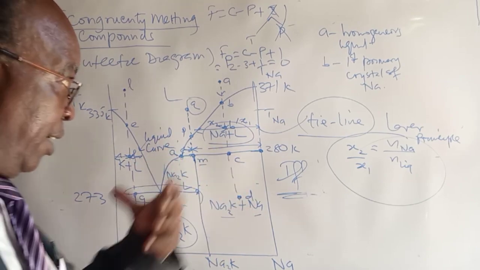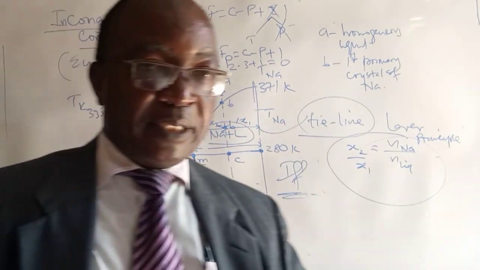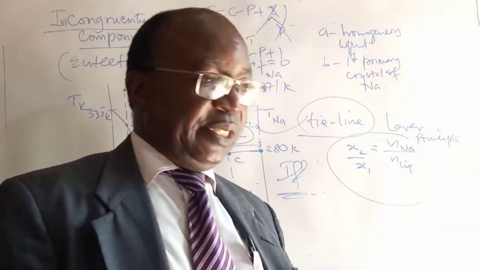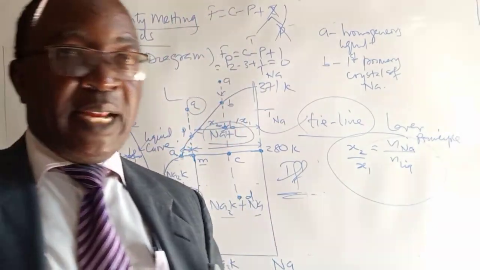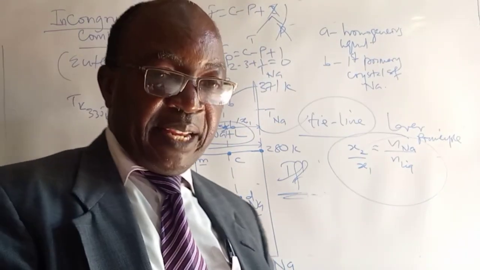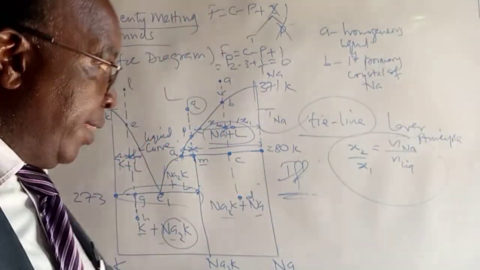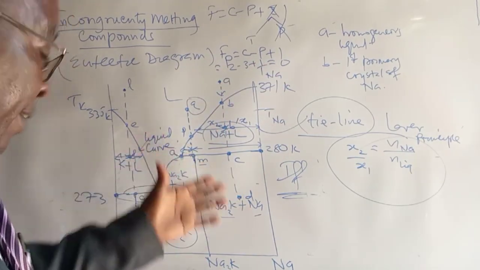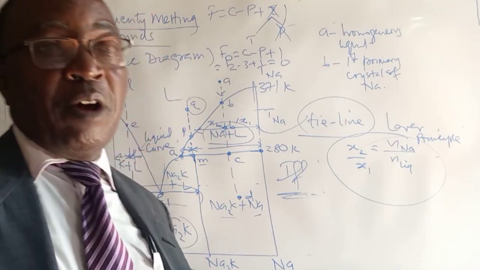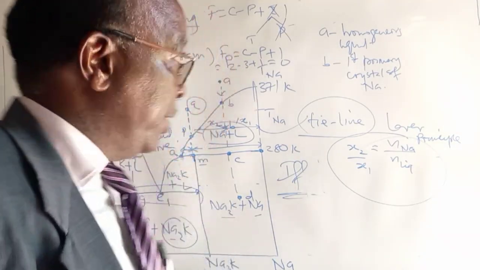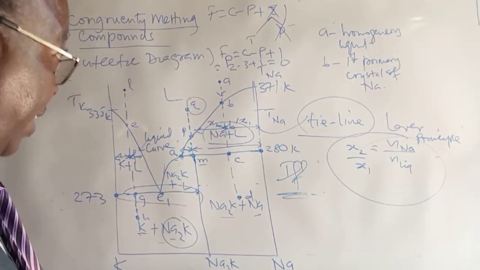And we have seen that we will apply always the lever principle and phase rule to be able to tell the relative amounts of the system and to tell the characteristic features of the system, like for example, is it invariant or variant and so forth. So where we have the F as 0, we note that at that point, there will be a small halt in temperature drop for some time before it moves in whichever direction you are driving it.